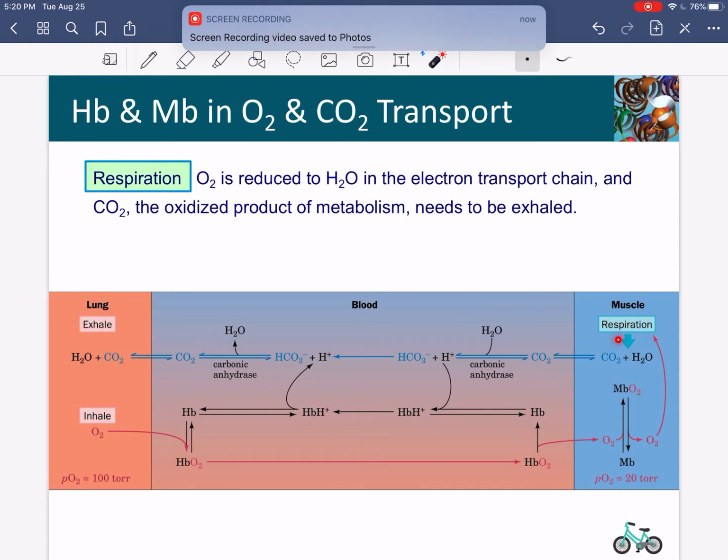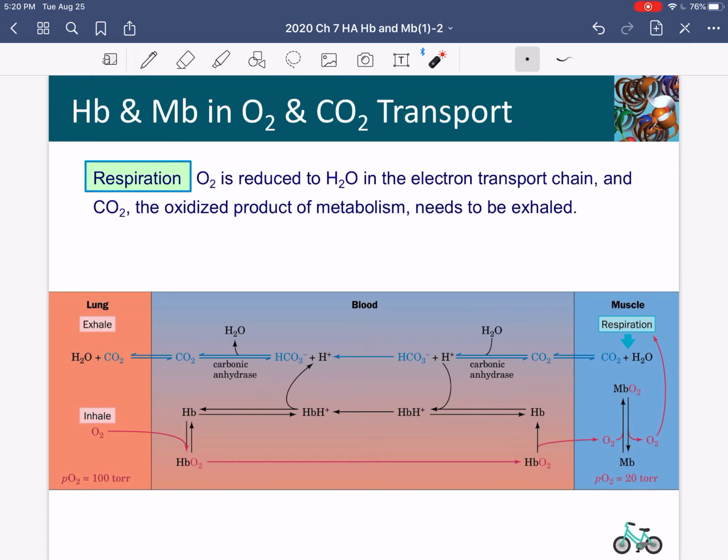Now, in respiration, when you have metabolically active tissues, you create carbon dioxide, which is shown here in blue. Remember, the oxygen you inhaled was red, so this is different. Carbon dioxide is produced from metabolism. It is converted to bicarbonate ion and proton. And the proton can protonate the hemoglobin and stabilize deoxyhemoglobin.